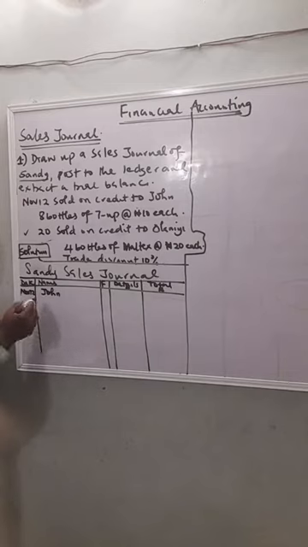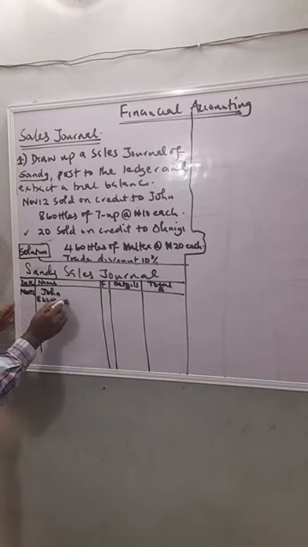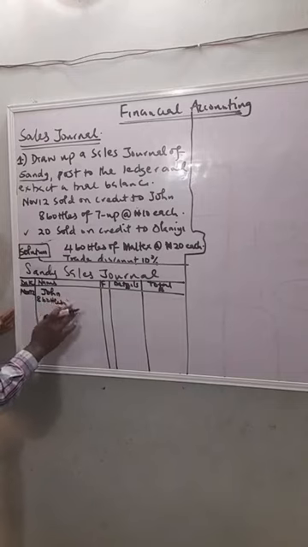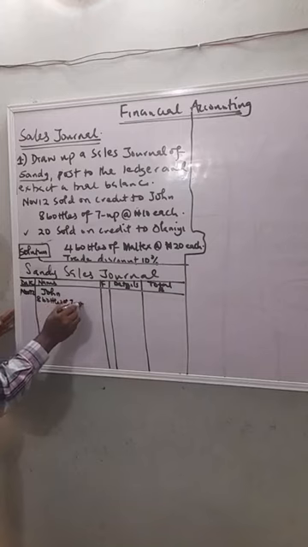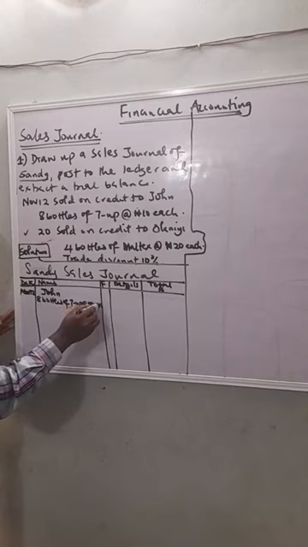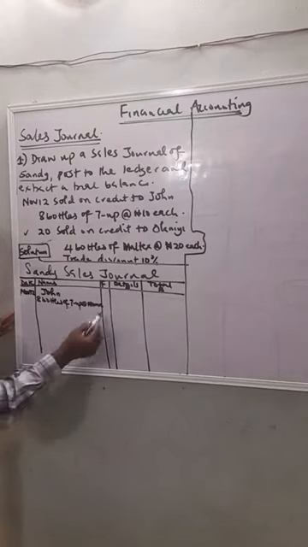When we write John, the things that were actually sold to John will be copied in: 8 bottles of 7-Up at 10 naira each. 8 times 10 will be 80.